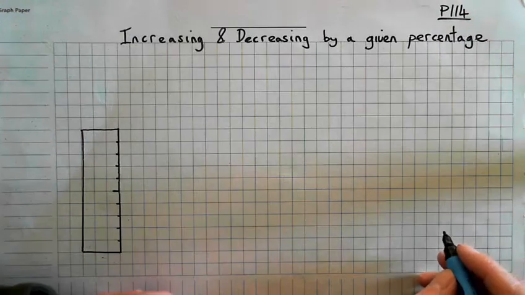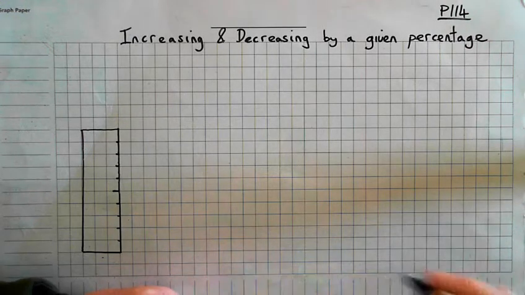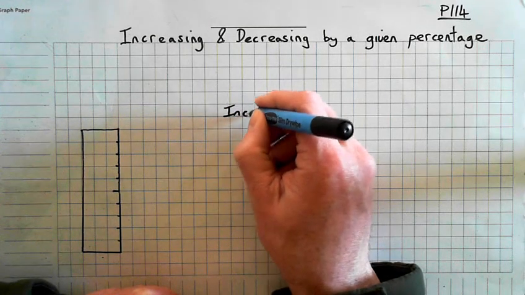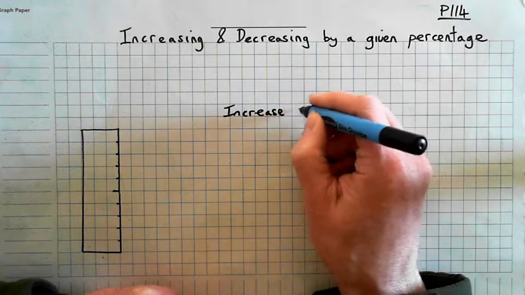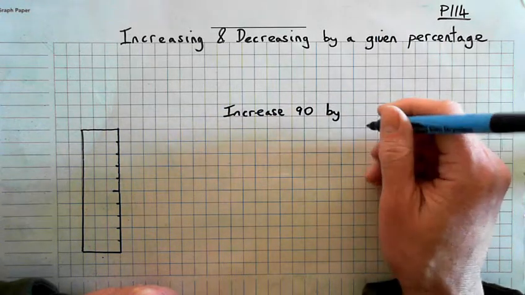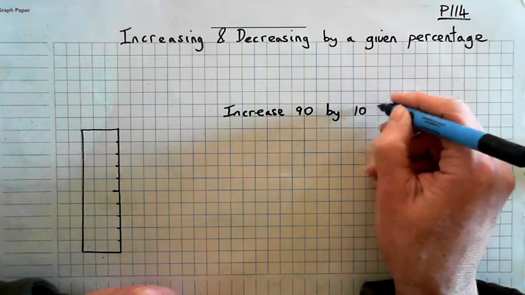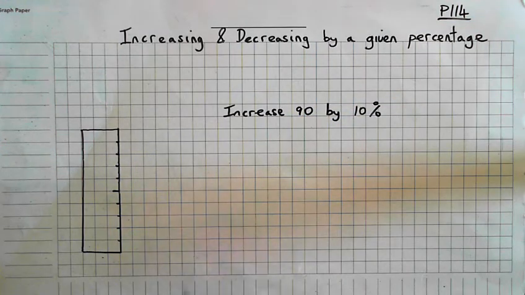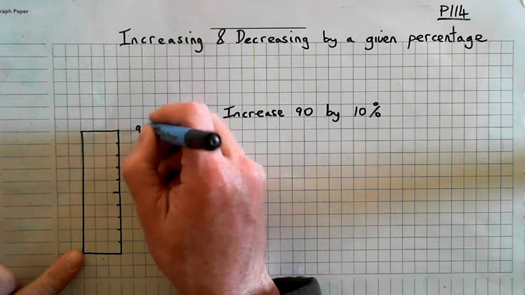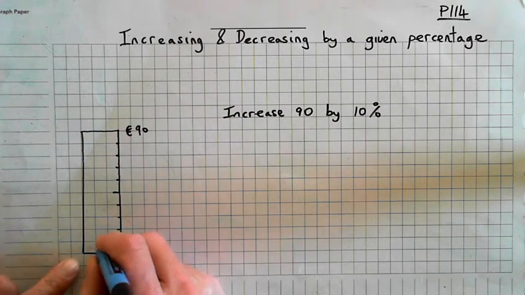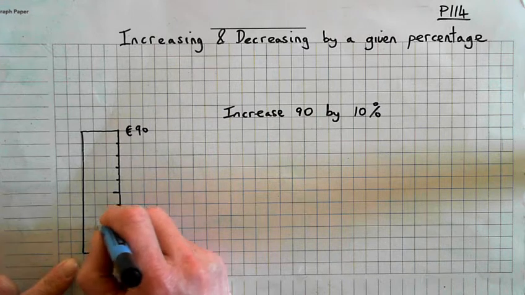Okay, so we have to work out the following increases or decreases. So the first one: increase 90 by, we'll start off by 10%. We were working out earlier that here's 90 euro, and each one is 9 euros, isn't it?